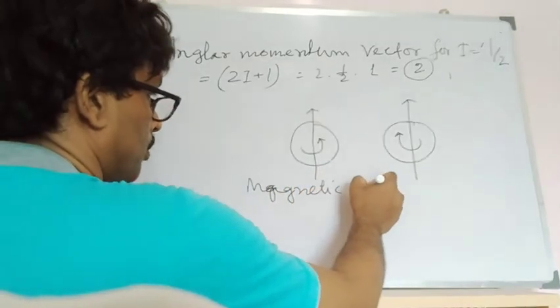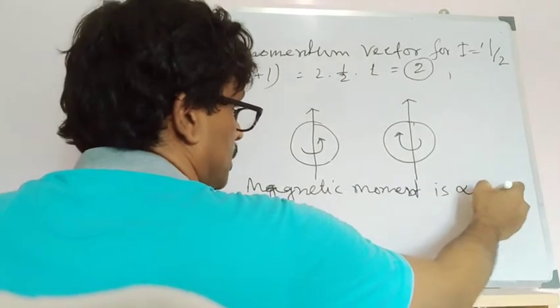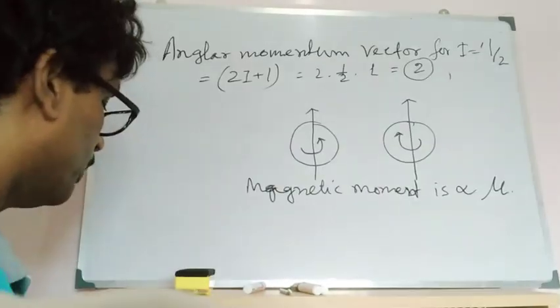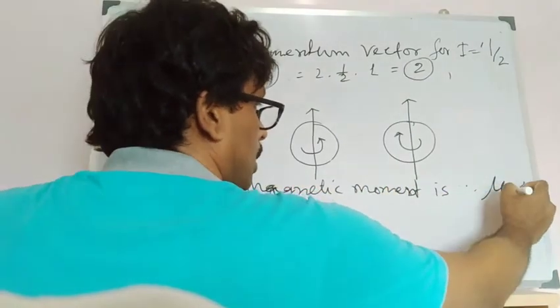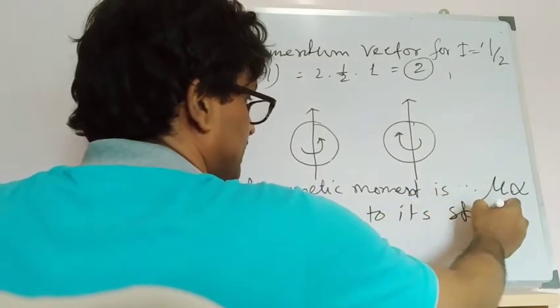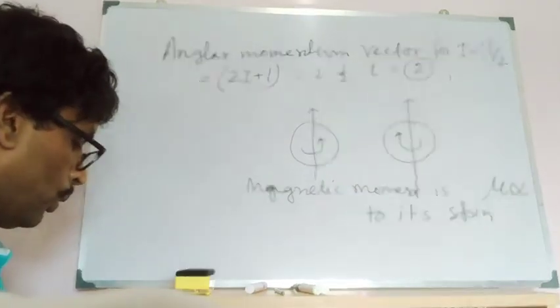Mu is called the magnetic moment, and it is proportional to its spin. The spin may be in an anti-clockwise direction or a clockwise direction.